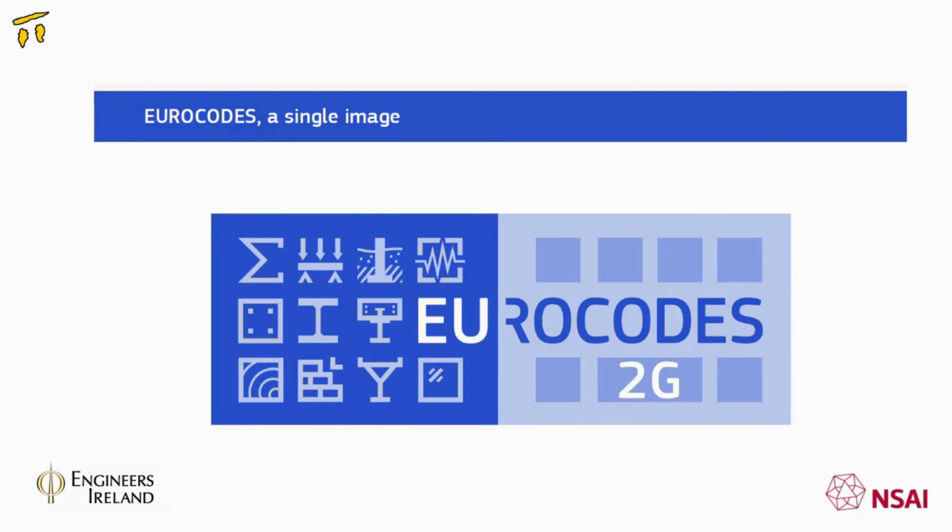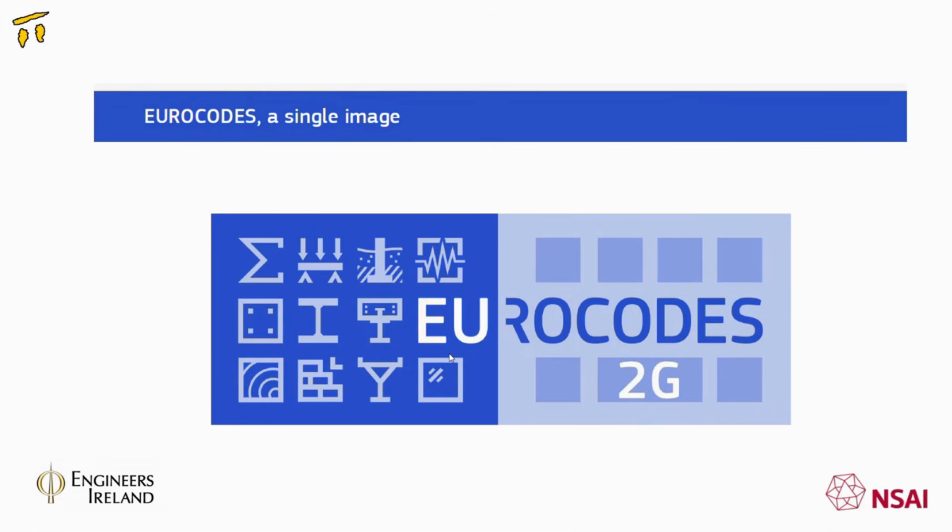And basically, there are symbols for each of the particular Eurocodes. The Sigma sign is for basis of design, which I spoke about a couple of weeks ago. The loaded beam is for actions, and then there's reinforced concrete, there's steel, there's timber, there's masonry, there's foundations and geotechnical work, there's seismic actions, there's composite actions, there's aluminium, and there's glass.